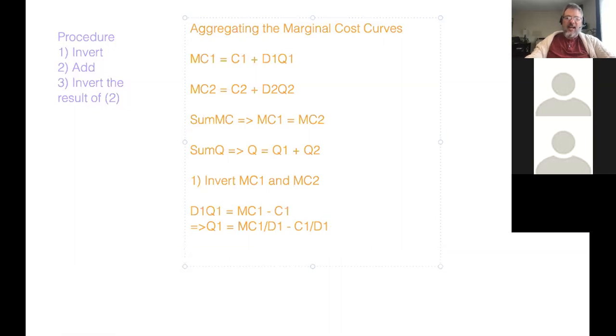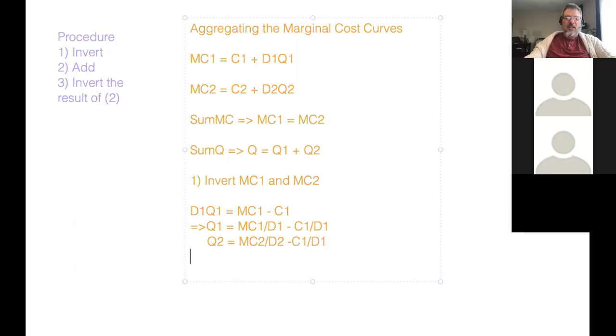And I would do the exact same thing for Q2, but it's going to look very similar, so I don't have to be quite as detailed in the result. So there are two inverted equations.